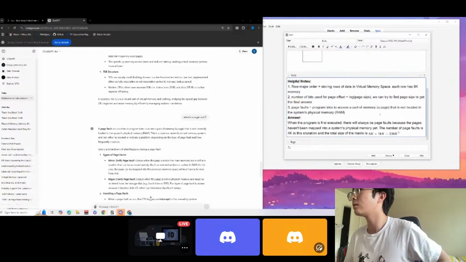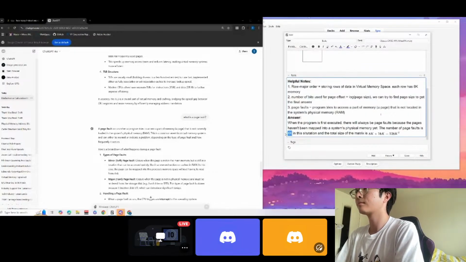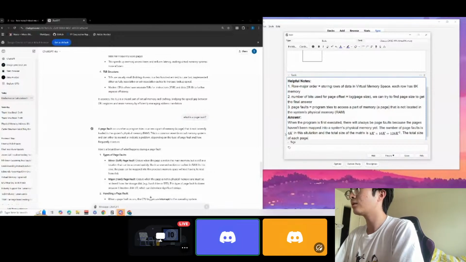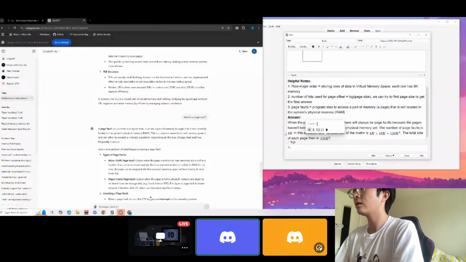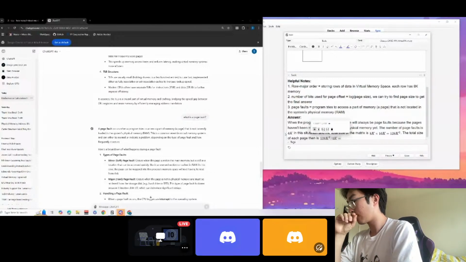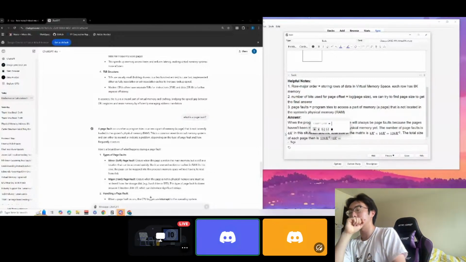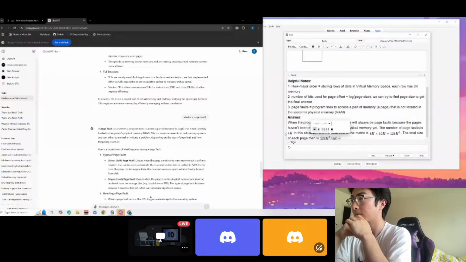Right. The total size of each page then is 128K squared divided by 4K, which is equal to, is this divisible by 4?